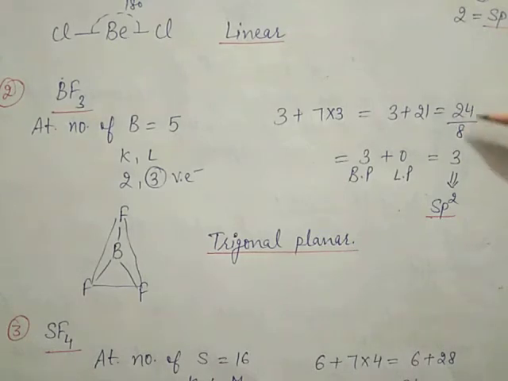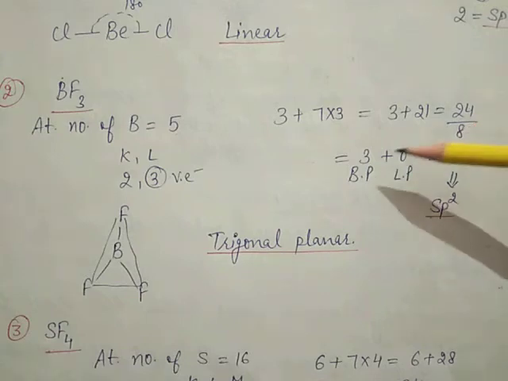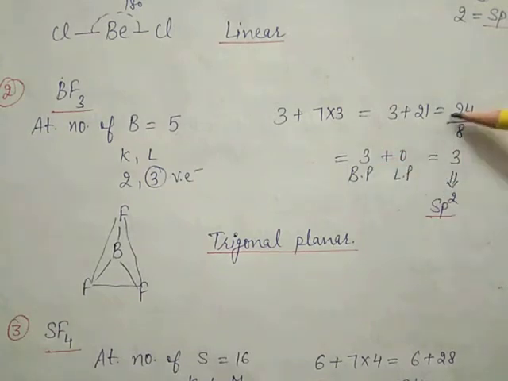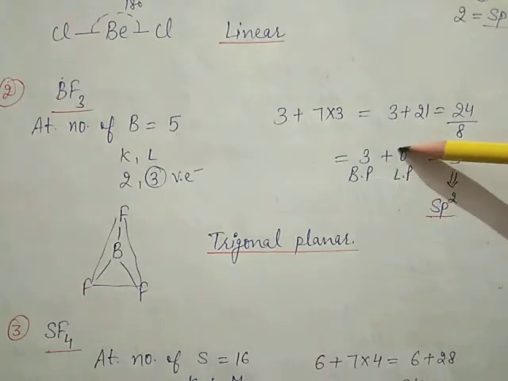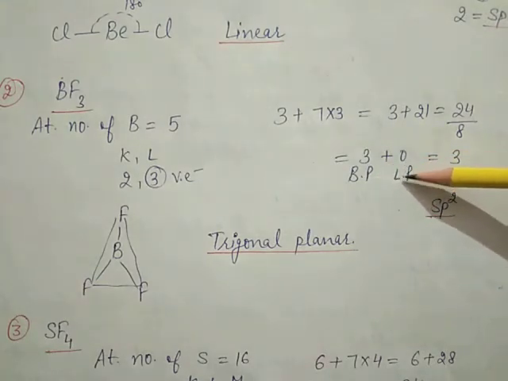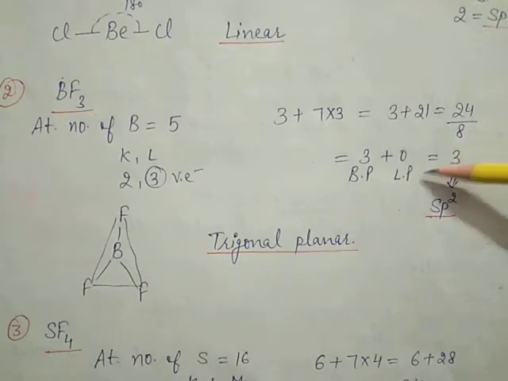If this number is more than 8, then it is divided by 8. After dividing by 8, this is 3. 8 times 3 is 24, means 3 bond pairs, and the remainder is 0, so the lone pair is 0. 3 plus 0 is 3. 3 means sp2 hybridization.